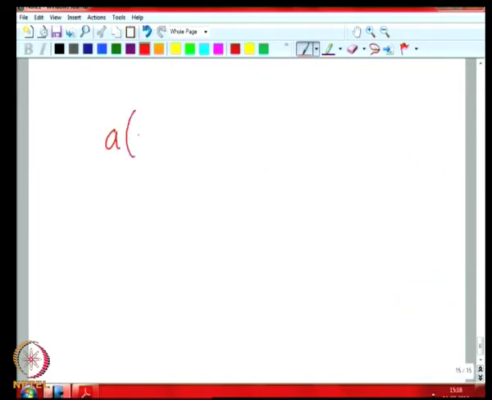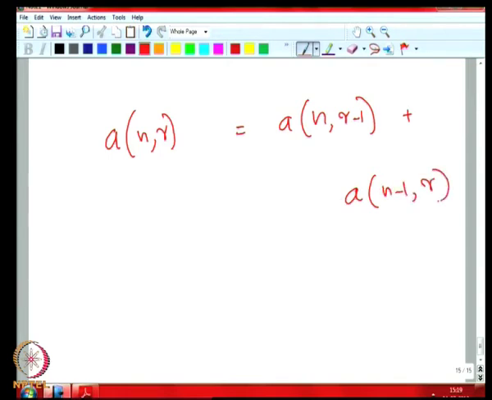A n comma r is equal to a n comma r minus 1 plus a n minus 1 comma r. This is the equation. Now, we can multiply this by x raised to r, that is okay, right.